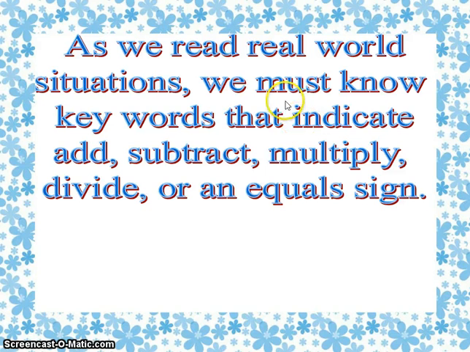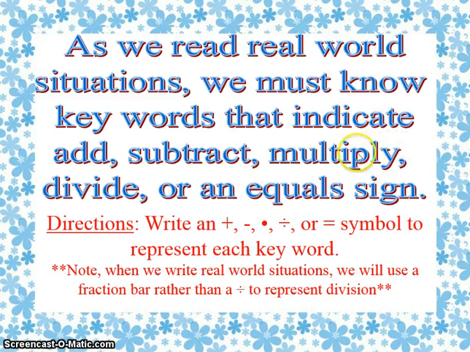Now, as we read real world situations and we are trying to mark the text for those keywords, we must know the keywords that indicate add, subtract, multiply, divide, or an equal sign. So what we are going to do is write a plus sign, a minus sign, a multiplication sign, a division sign, or an equal symbol to represent each keyword that we're going to look at.